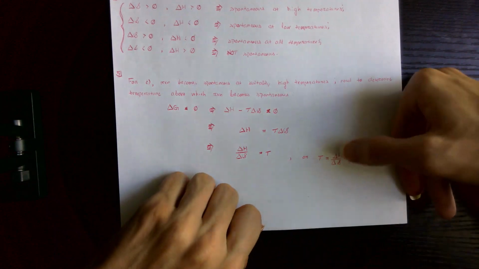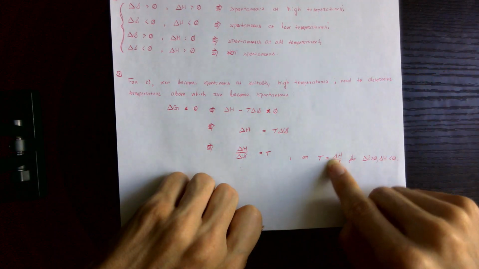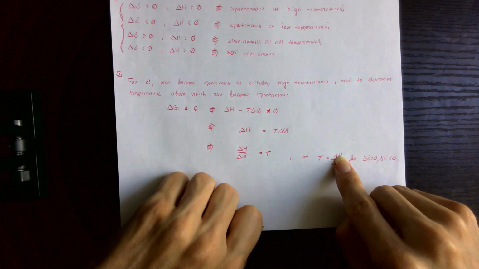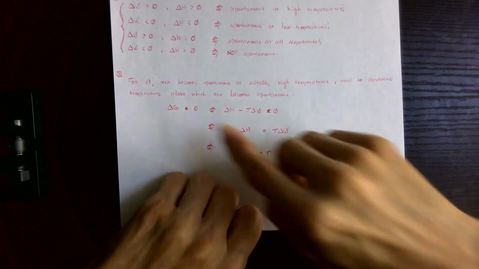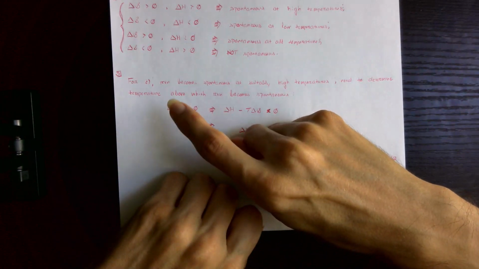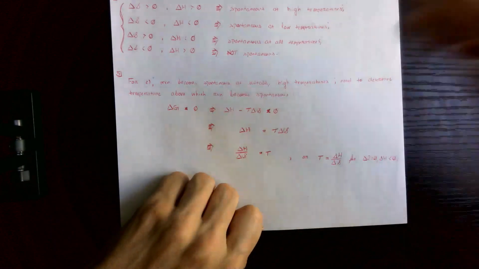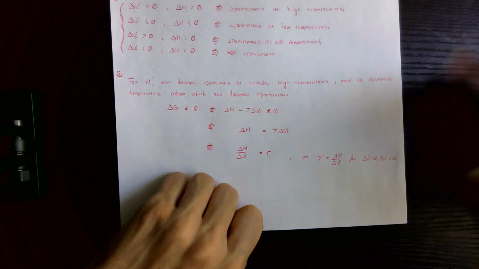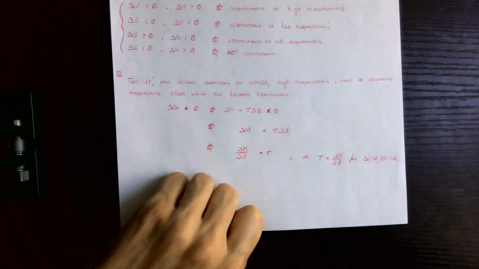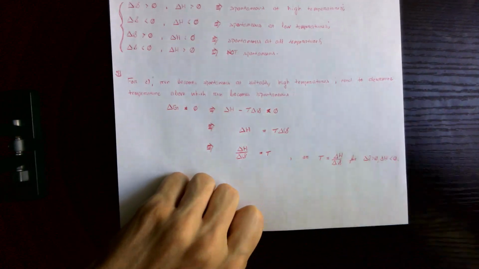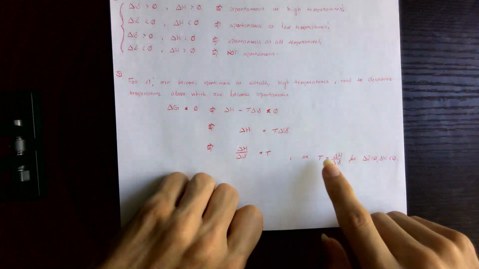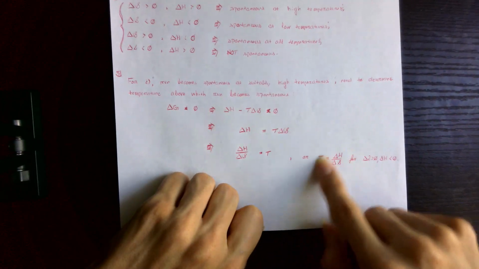So again, at this temperature, delta H divided by delta S, delta G is 0. And for this particular case, we know that at high temperatures, the reaction is going to be spontaneous. So this is the temperature at which delta G is 0.